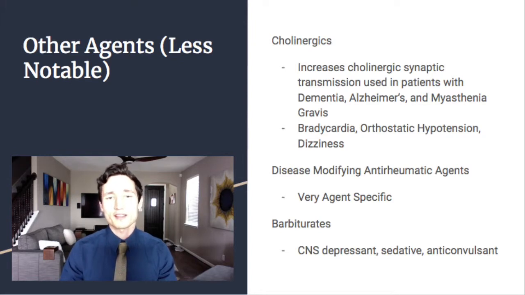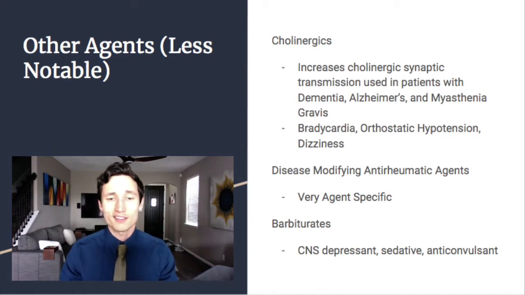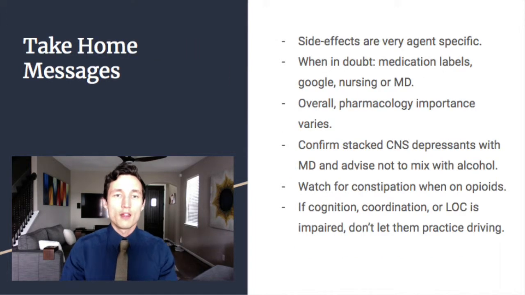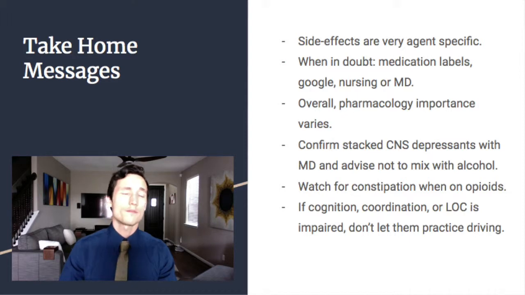I didn't make this its own slide because it's what I've already discussed. Since it's a CNS depressant, the same concepts I've discussed for the other depressants also apply here as well. So for the take-home message, I want you to know that side effects can be very agent-specific. When in doubt, feel free to refer to the medication label, do a quick Google search, maybe ask nursing or the MD if appropriate.